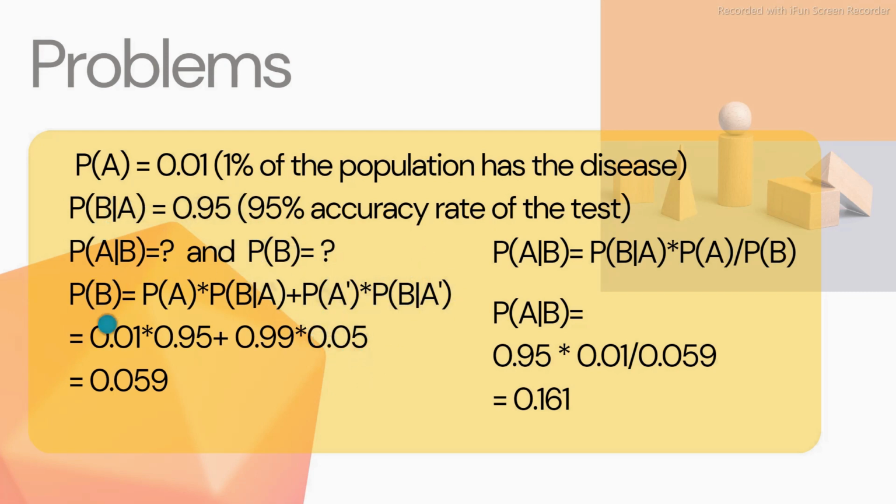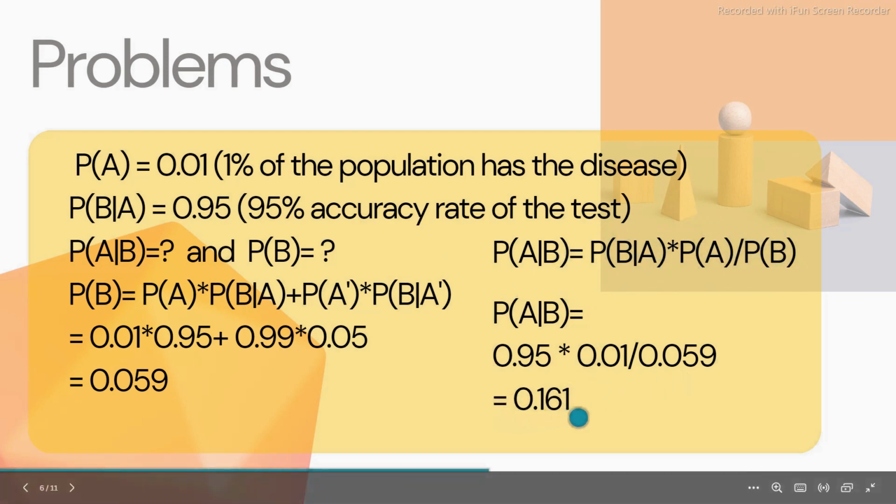After doing all these things, we're going to get our value as 0.059, and this is the value of P(B), right? Now we have all the values. We have P(B), we have P(A), and we have P(B|A). By calculating all these things, we got our answer as 0.161.